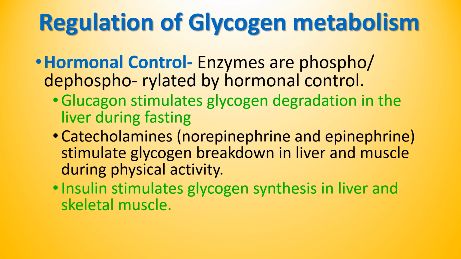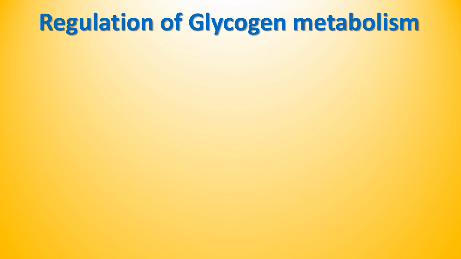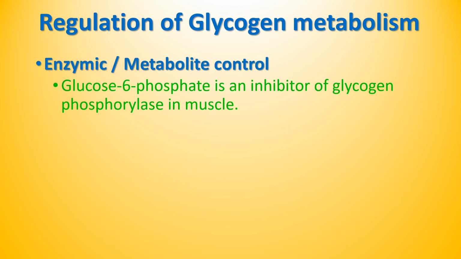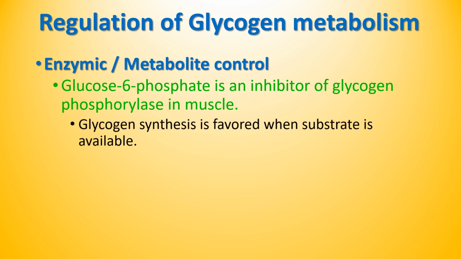Because insulin, we all know, is produced when there is a rise in blood glucose level, it causes the utilization or metabolism of glucose. So it stimulates glycogen synthesis in liver and skeletal muscles. Now the metabolic control of glycogen metabolism. Glucose 6-phosphate is an inhibitor of glycogen phosphorylase in the muscle.